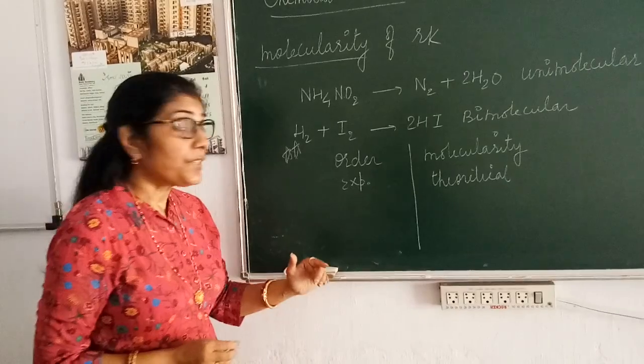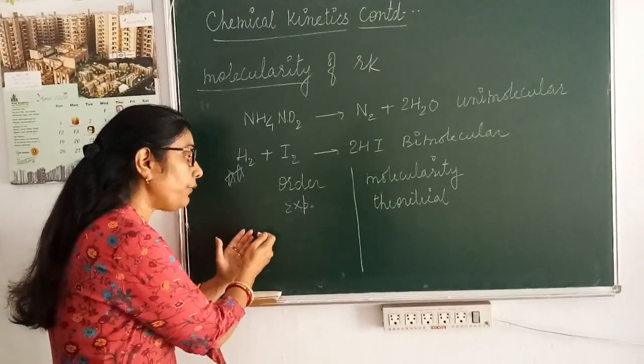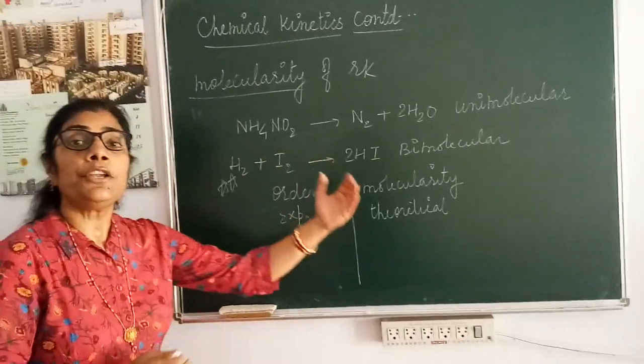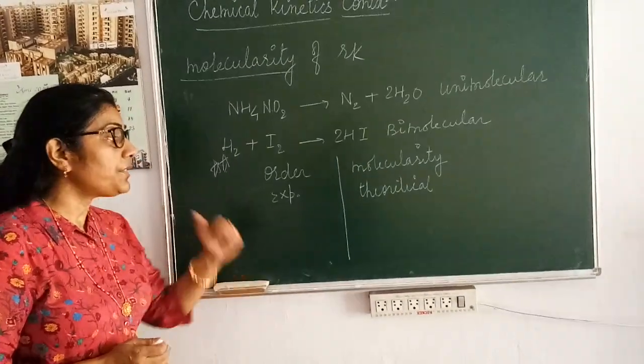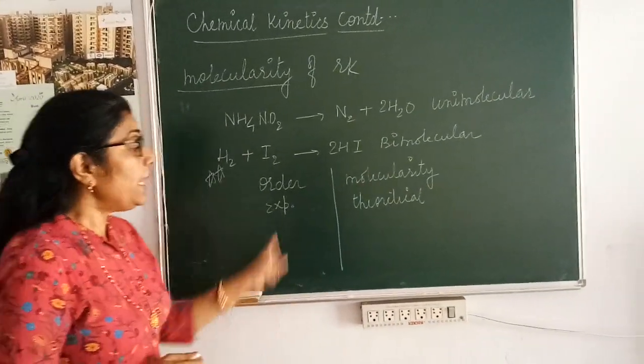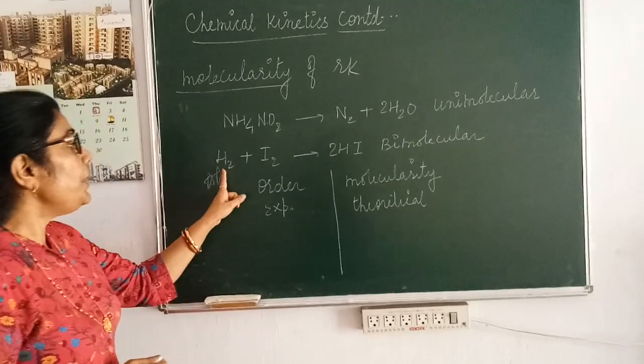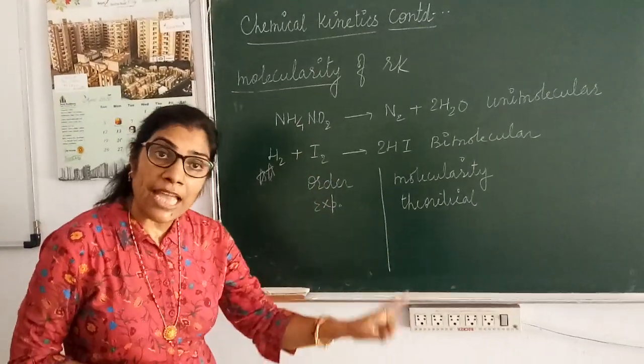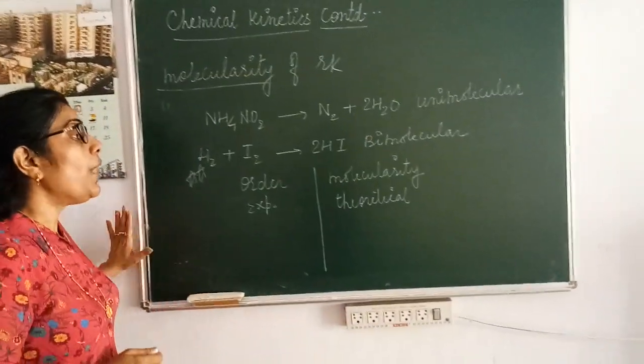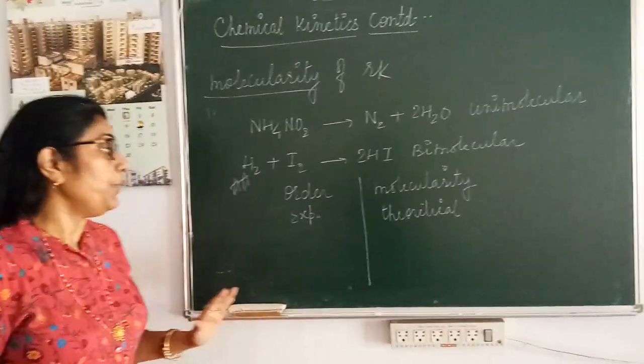What is order of reaction? It is the sum of the powers to which the concentration terms are raised in the rate law expression. Whereas molecularity is the number of moles of the reacting species which take part in a balanced chemical equation.